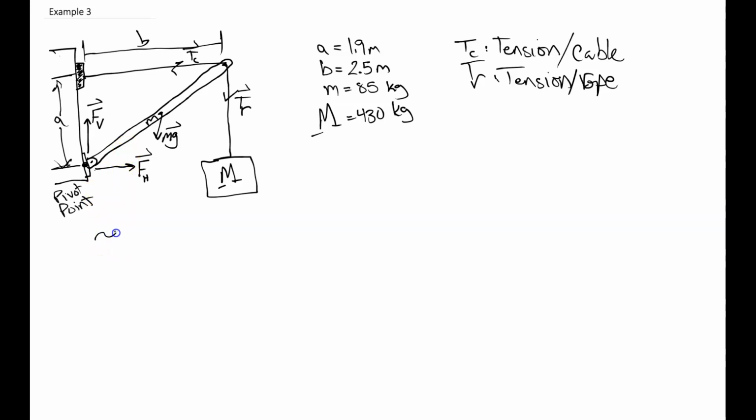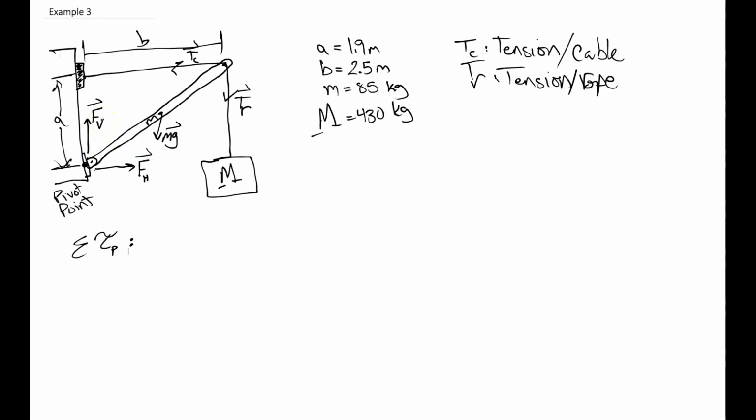So let's start with the torques and say that the sum of the torques about our pivot point P is going to give us, notice that if I consider P to be my pivot point, then I eliminate F sub V and F sub H as contributors to the pivot point.